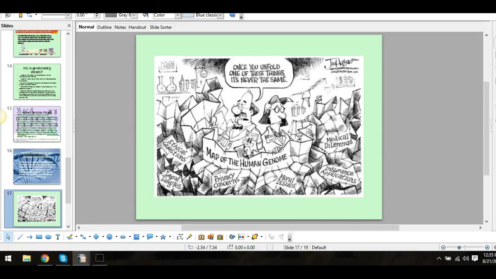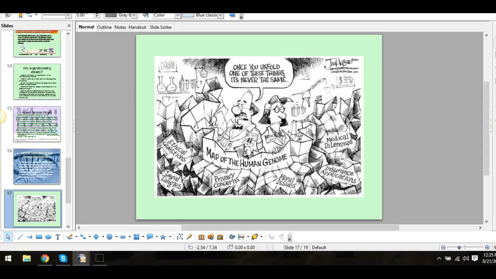At the end, I included a few cartoons to encourage us to think about genetic testing more deeply. There is a man and a woman sitting, and they have this never-ending paper that is folded, and it is titled "Map of the Human Genome."